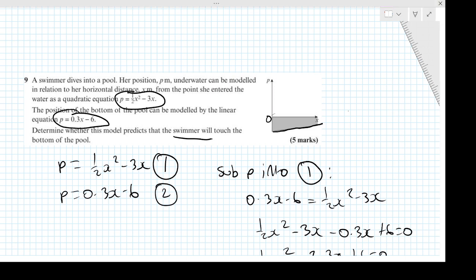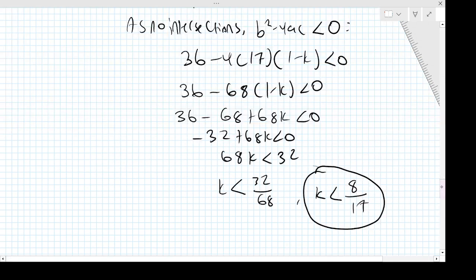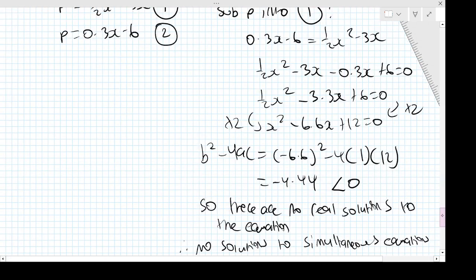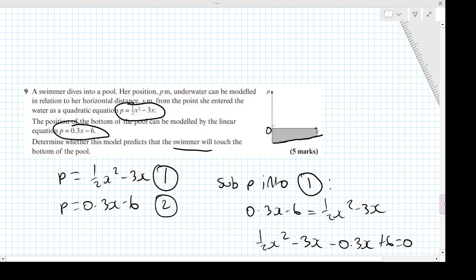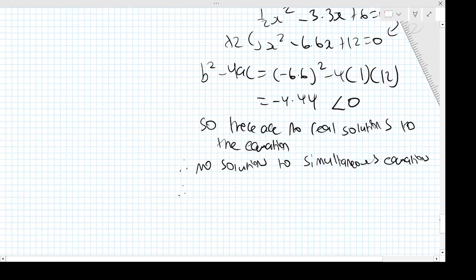That means I have to have a solution to the simultaneous equations. Well, in this case, there are no solutions to simultaneous equations, which means there's really no intersections between the two graphs. So actually, therefore, the graphs do not cross.